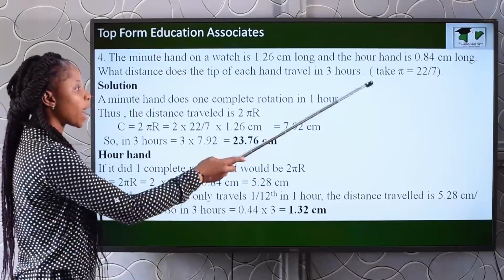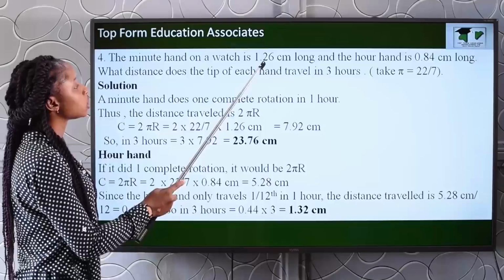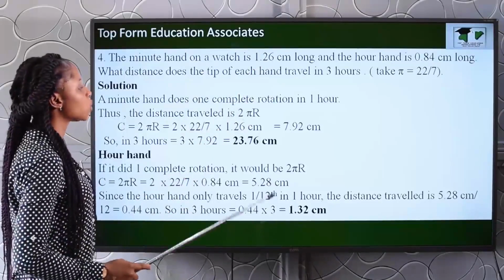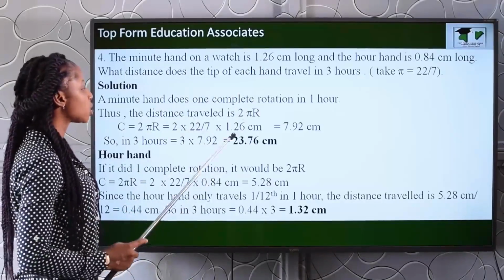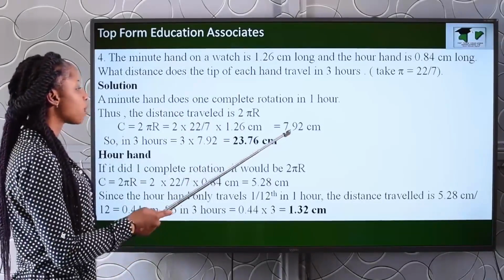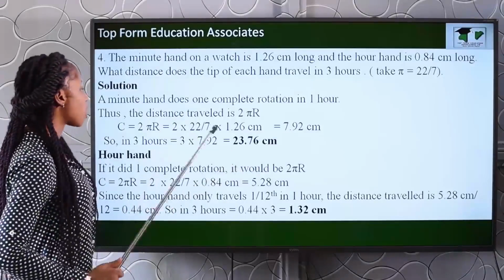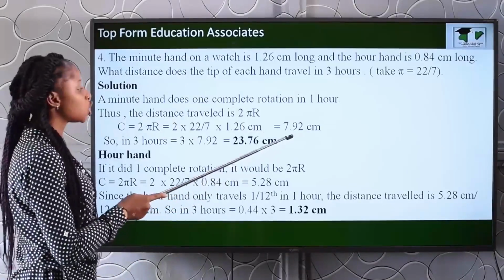Now, we input the figures into the formula. 2 times pi, which is 22 over 7, multiplied by 1.26 centimeters long, which is the length of the minute hand. So when we take the sum, we have 7.92 centimeters. This is just for 1 hour.